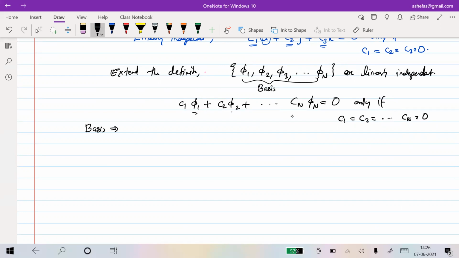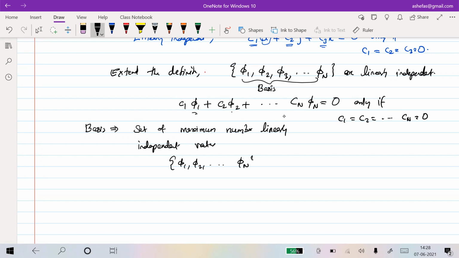A basis is a set of maximum number of linearly independent vectors. Suppose phi 1, phi 2, etc., up to phi n is a maximum number of linearly independent vectors, then we can treat this as a basis.